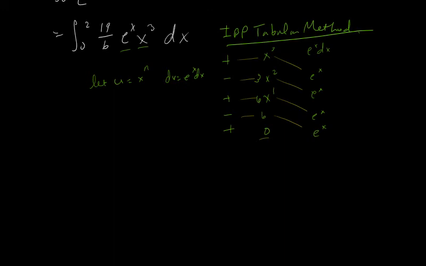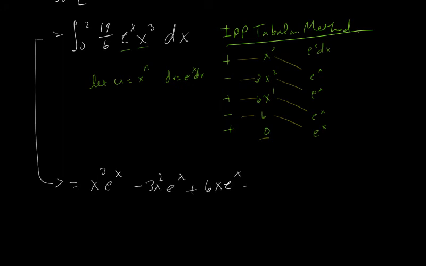So then what we end up with for our function here is that this is equal to positive x cubed e to the x, then minus 3x squared e to the x, then plus 6x e to the x, minus 6 e to the x. And all that is being evaluated from 0 to 2.